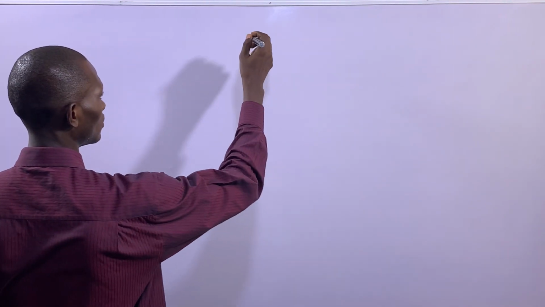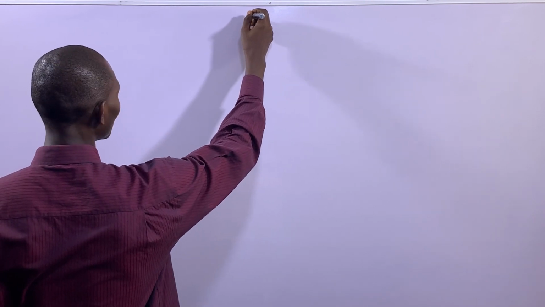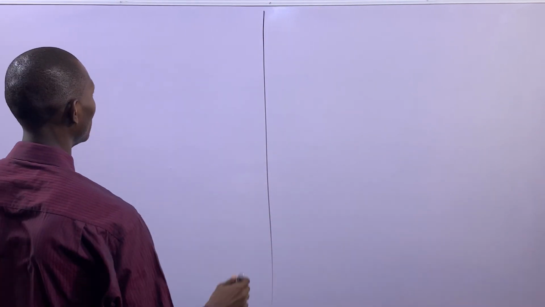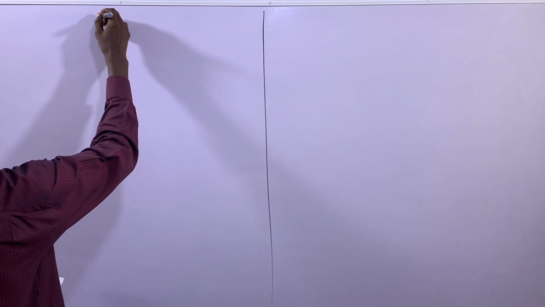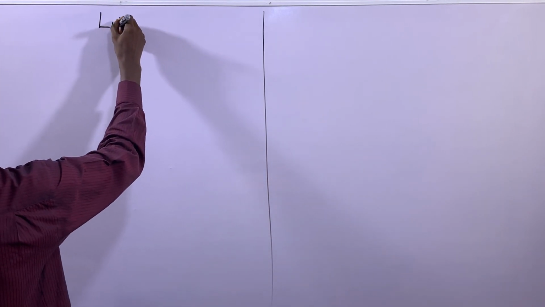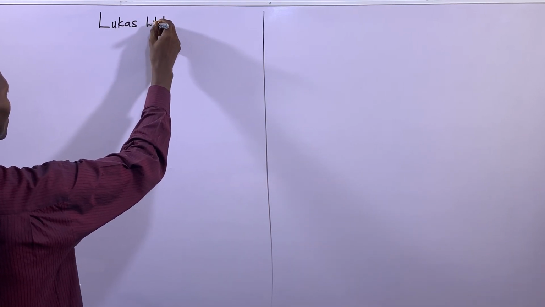I think I need to divide the board. So we have this. The name of the business is Lucas. You write the name of the business, very important: Lucas Limited.